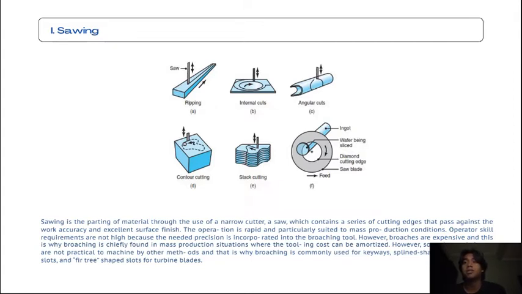However, some internal shapes are not practical to machine by other methods, and that is why broaching is commonly used for keyways, splined holes, dovetail slots, and fir-tree shaped slots for turbine blades.